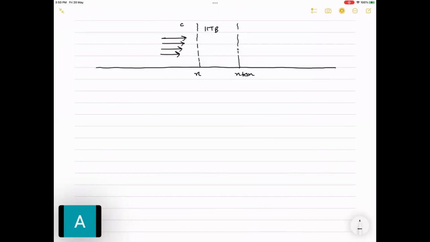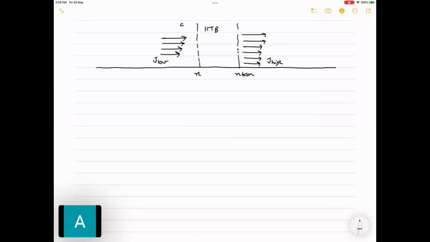So let's say that on a given day, a certain number of vehicles or cars are coming to IIT Bombay, which I will denote by C, and a large number of vehicles are getting out of the campus in the same amount of time. So let's say the incoming J is low, but the outgoing J is high.